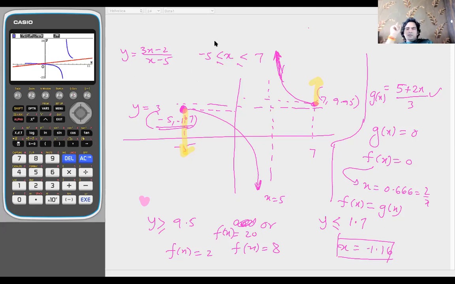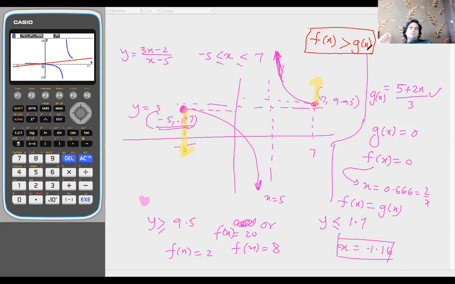These are the questions that most people find challenging, and you need to have that open-mindedness for this. The question here is: use your graph to say where this inequality holds true, f of x more than g of x.